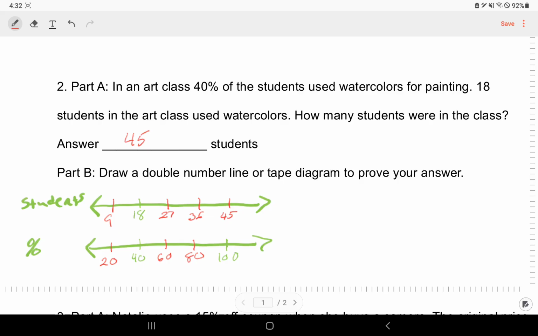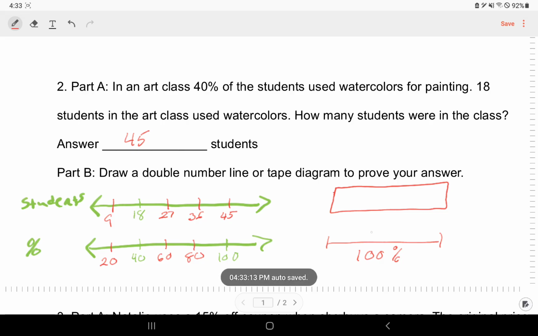Now, if I do a tape diagram, it's very similar. Okay. So we know that from here to here is 100%. And again, we know that there's 40%.